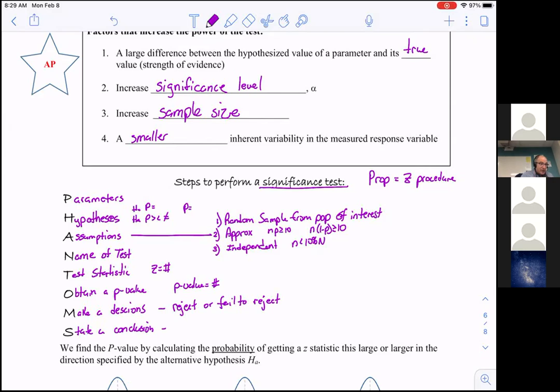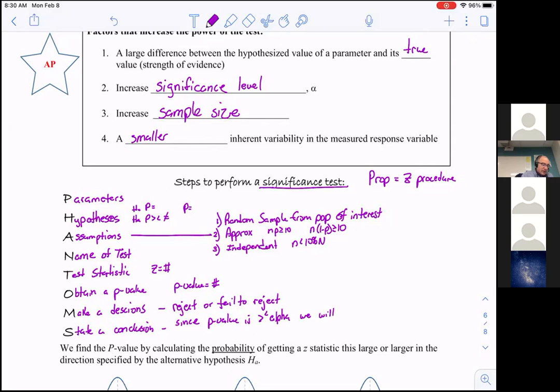And we can actually write all this in one statement. Since our p-value is greater than alpha, we will... or it could be less than alpha.